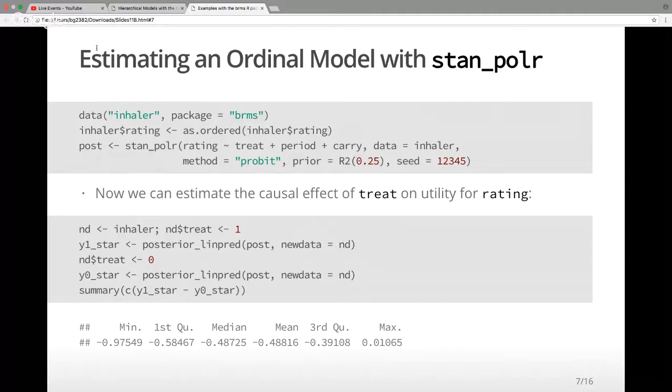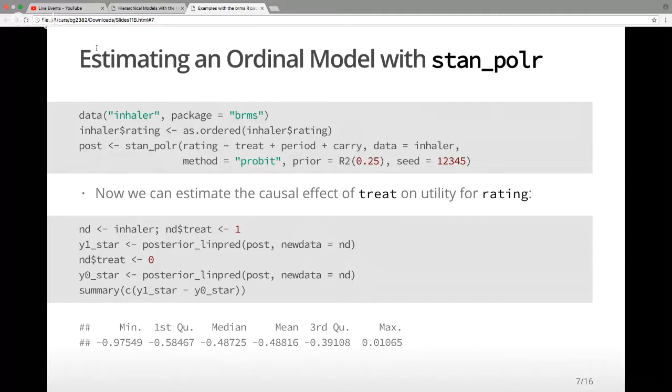Get the posterior probability of the ratings in that scenario, and then ask, well, what if everyone was in the control group? How would they rate their inhalers? Get the posterior probability of those.